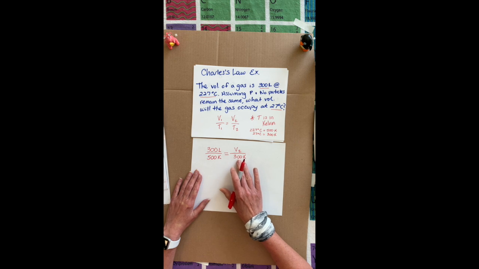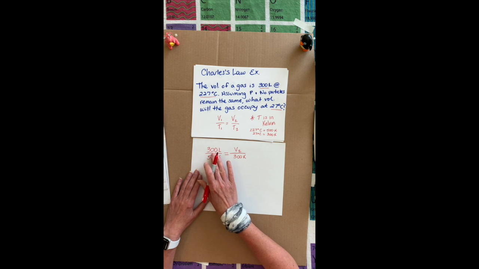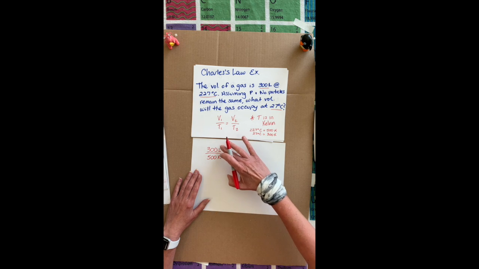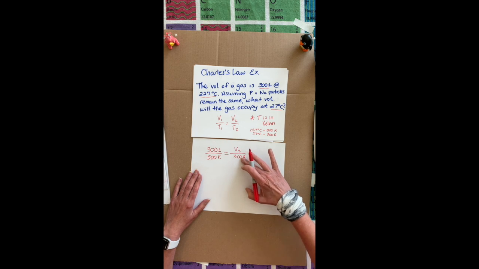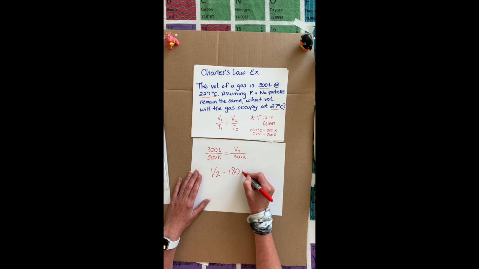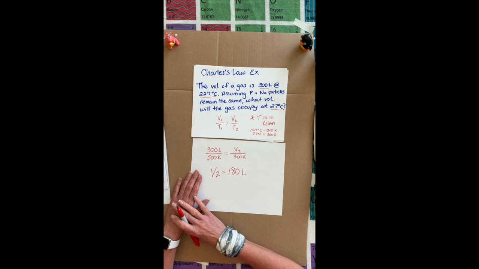So if we have a decrease in temperature, we would expect a decrease in that volume. And when we cross multiply and then divide, we're going to get V2 equaling 180 liters, which makes sense.